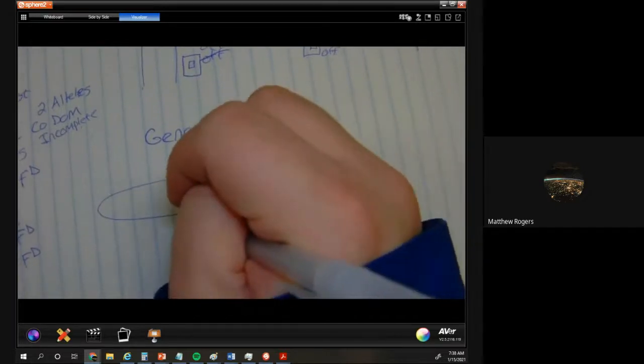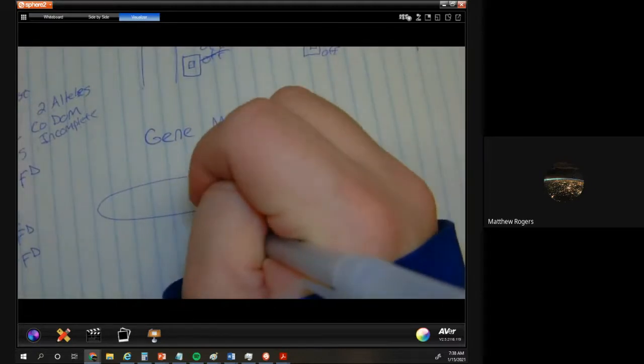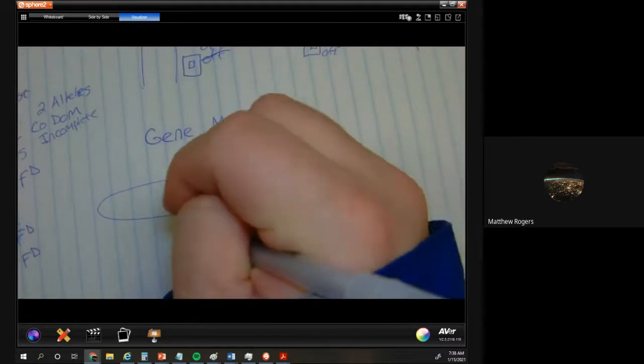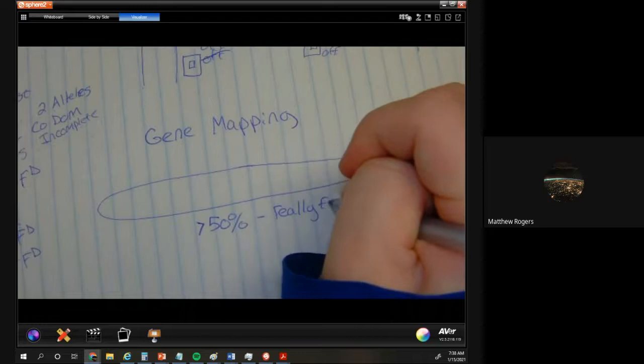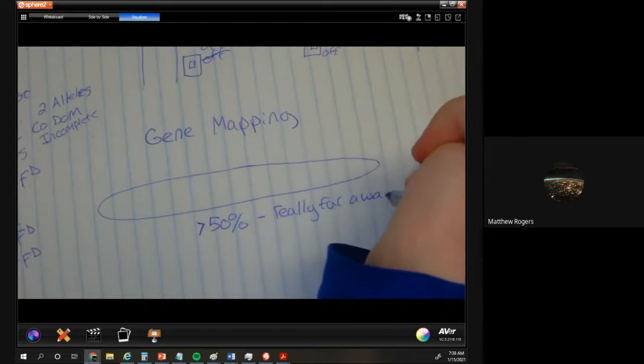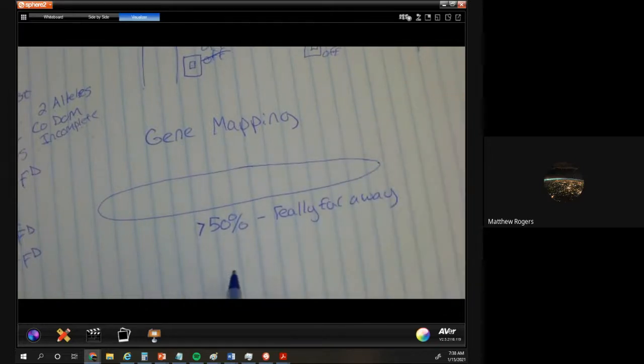If the separation is greater than 50%, we say it's really far away. If it's less than 50%, then it's close and we need to be careful with it, okay?